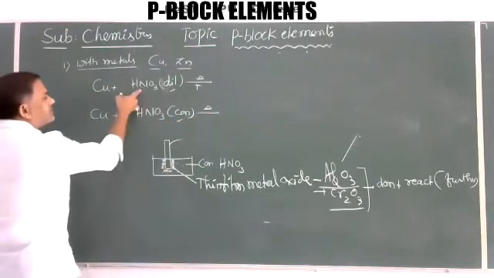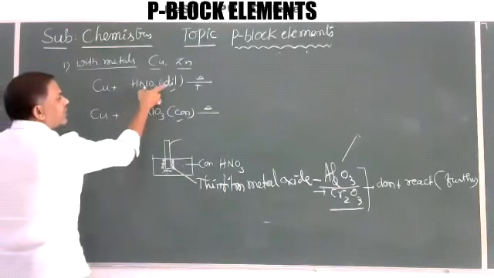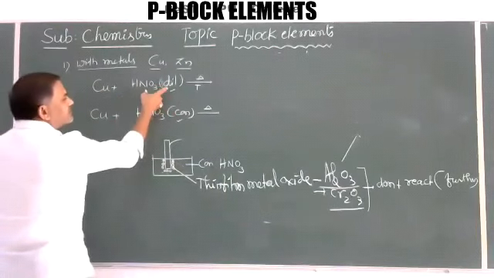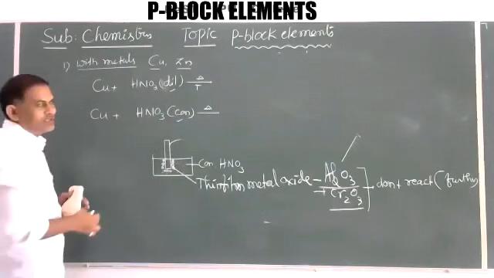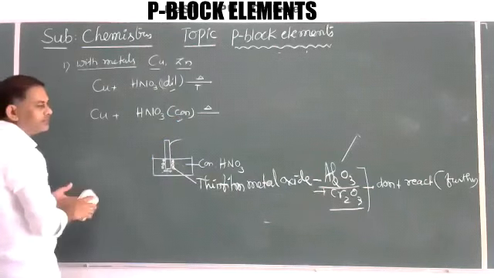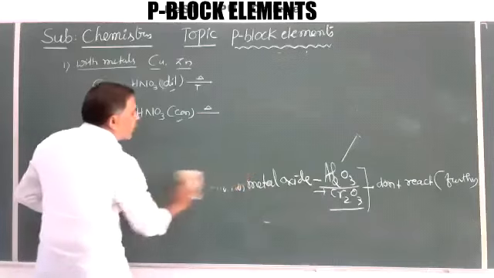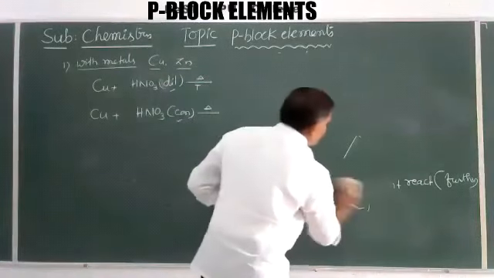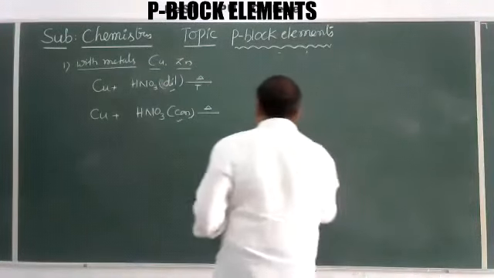So the reactivity and chemical properties of HNO3 depend on concentration, in some cases dilute, in some cases concentrated, and temperature. So with copper and zinc, two conditions are there.